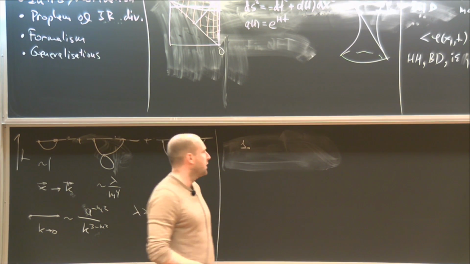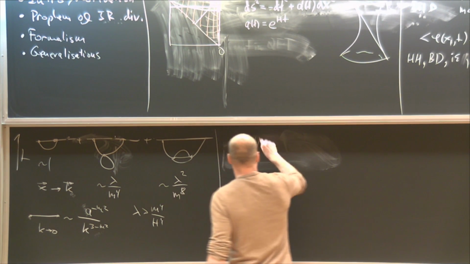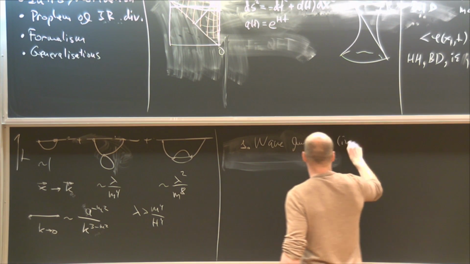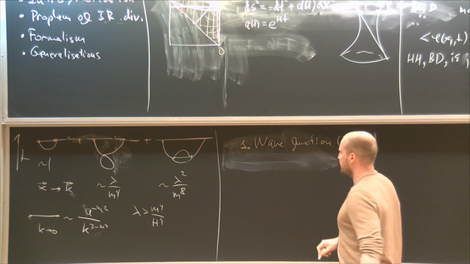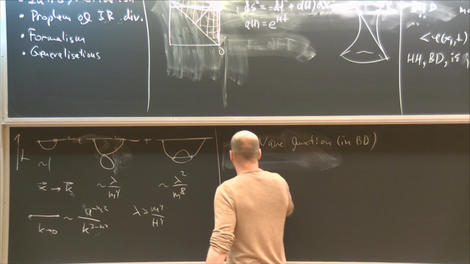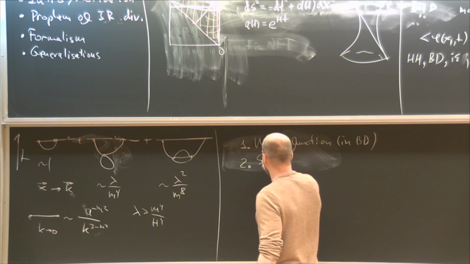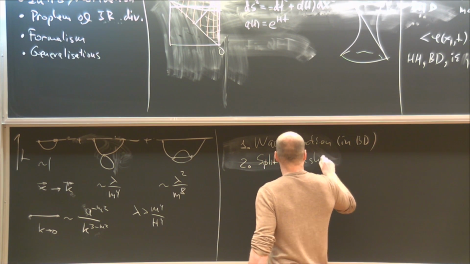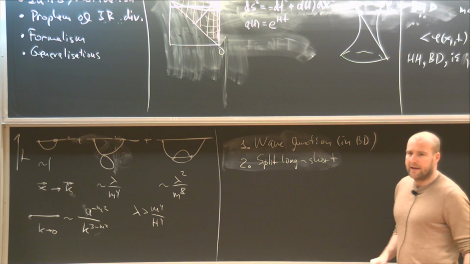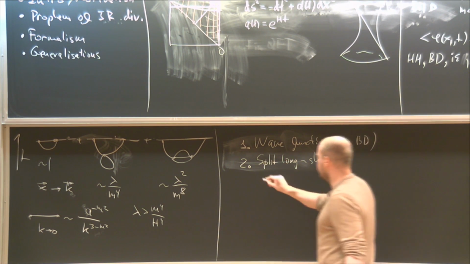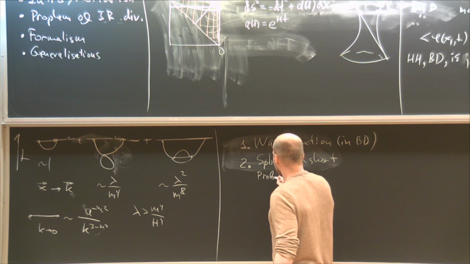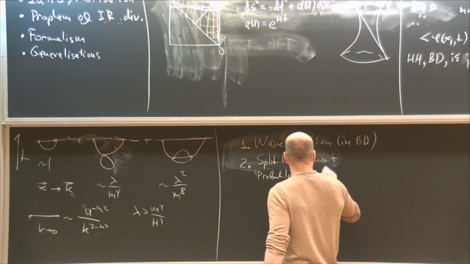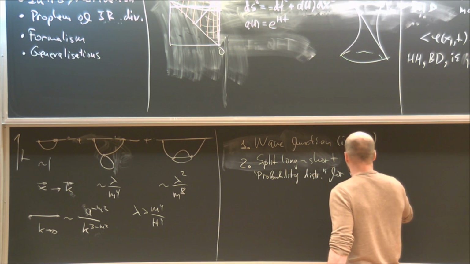4 steps. First is going to be the calculation of the wave function, as I said, in this Bunch-Davies state. Then I will perform a split into long and short modes, and define some probability distributions for long modes.